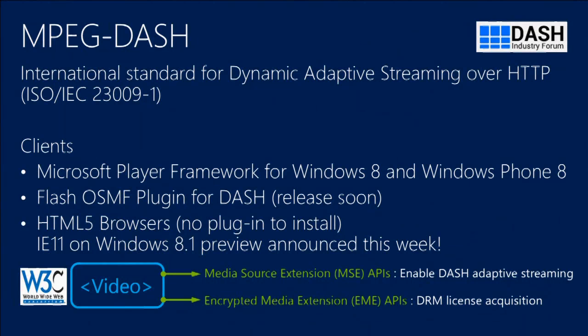And we also have Encrypted Media Extensions, which allow a browser software manufacturer to add DRM license acquisition to HTML5. So it means that on IE 11 on Windows 8.1, you will be able to play DASH without any plugin. No need for Silverlight or Flash.